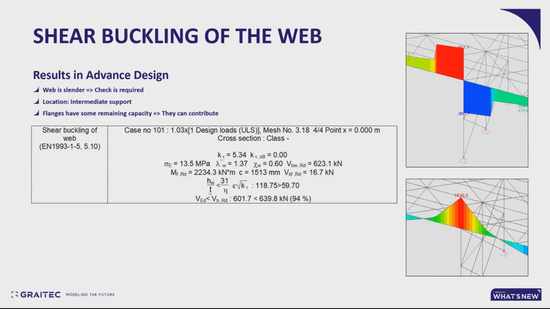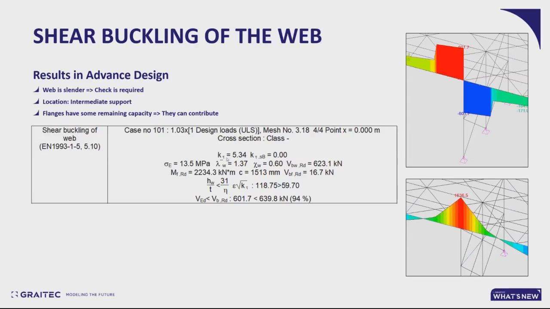First of all, we check if the verification is required, and we see here the limitation of a stiffened web, because we did have stiffeners. So the web, we are way above the limit, so we have a thin web for which the shear buckling verification is required.